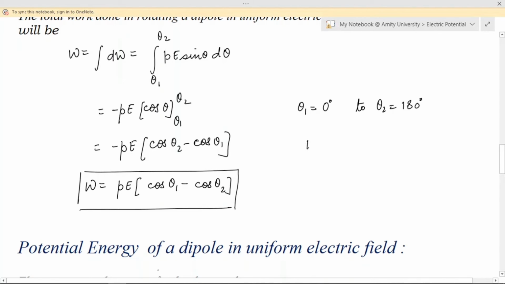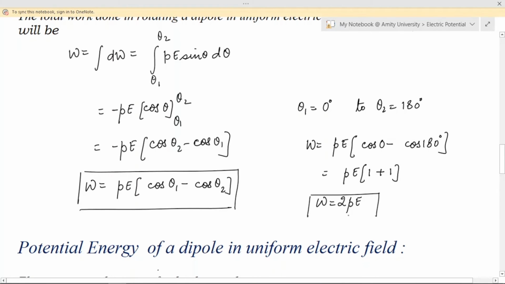So how much will be the work done? This is PE into cos 0 minus cos 180 degrees. And as we know, cos 0 is 1 and cos 180 is minus 1. So the total work done comes to be 2 times PE. So this is how we can calculate the work done in rotating a dipole from some initial angle to some final angle.